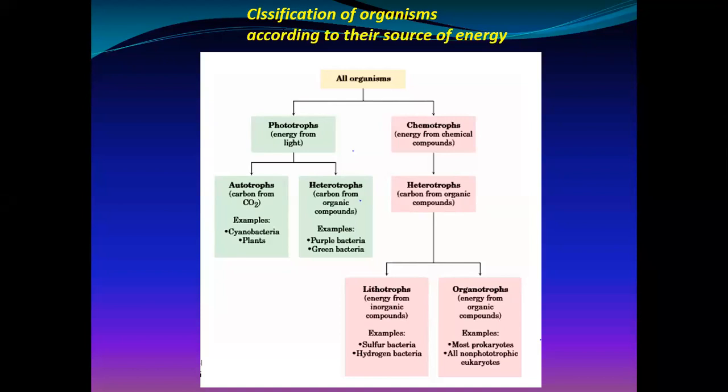Most of the prokaryotes and all the non-phototrophic eukaryotes come under organotrophs. So this is how we divide organisms based on the source of energy. Understand? Okay, right.